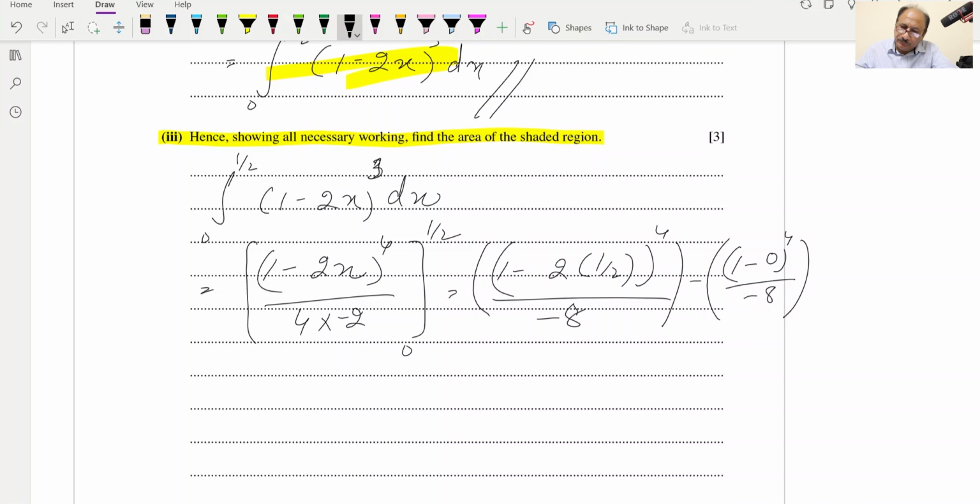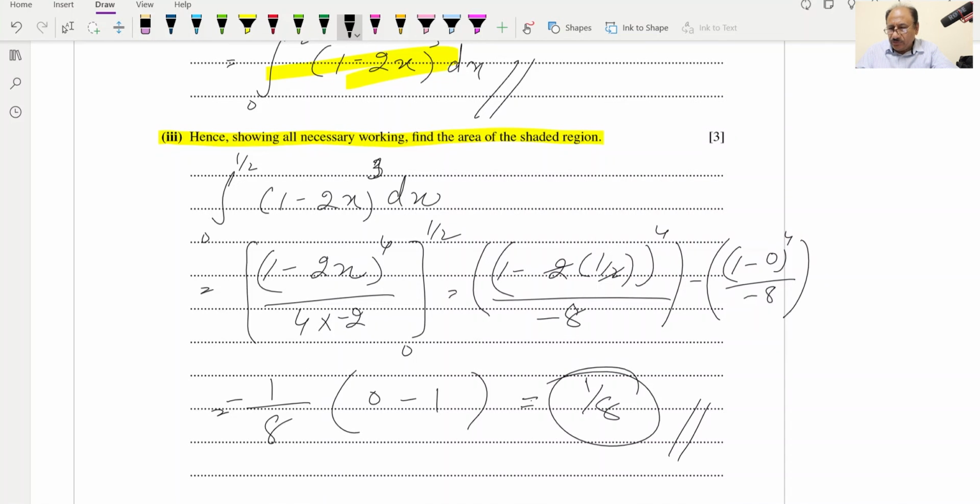Next, we can take minus 1 over 8 common, and inside we cancel, so it will be 0 minus 1, and 1 over 8 is taken out, so minus into minus will be plus, so 1 over 8. This will be the shaded area which we have found.